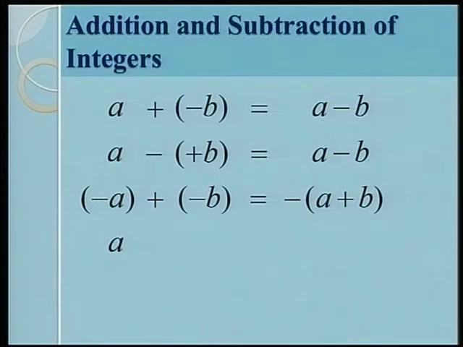Any number A minus any negative number B equals A plus B. When two negative signs follow one another, it becomes positive. Therefore, A minus -B equals A plus B. Let's have a look at an example.